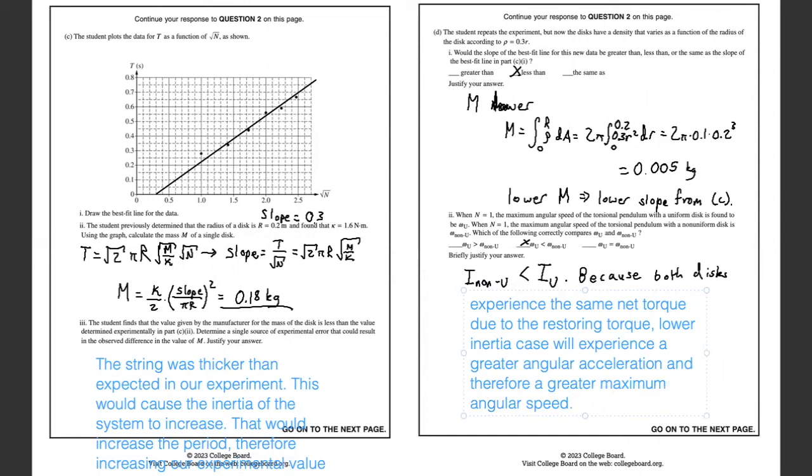The disk with more inertia is going to move slower, so you can't necessarily determine the correct answer by thinking about momentum. You have to think about this from a torque and angular acceleration perspective, or from an energy perspective. But I am pretty convinced that the uniform disk is going to move slower due to its higher inertia. All right, now we can move on to question number 3.